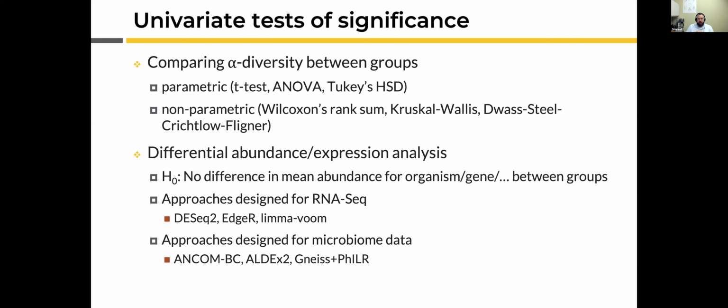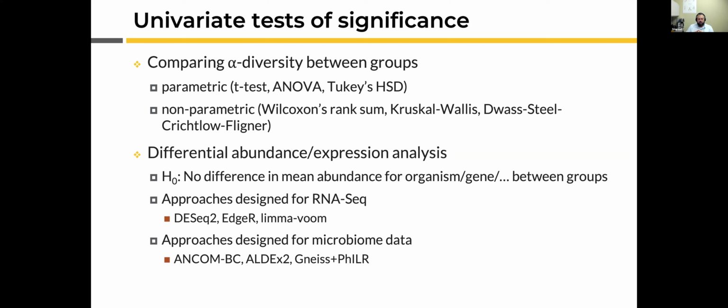The other major form of univariate test that typically is done for microbiome data is differential abundance or differential expression analysis, depending on whether you're sampling DNA or RNA. And the basic hypothesis is that, so this is sort of large-scale hypothesis testing.